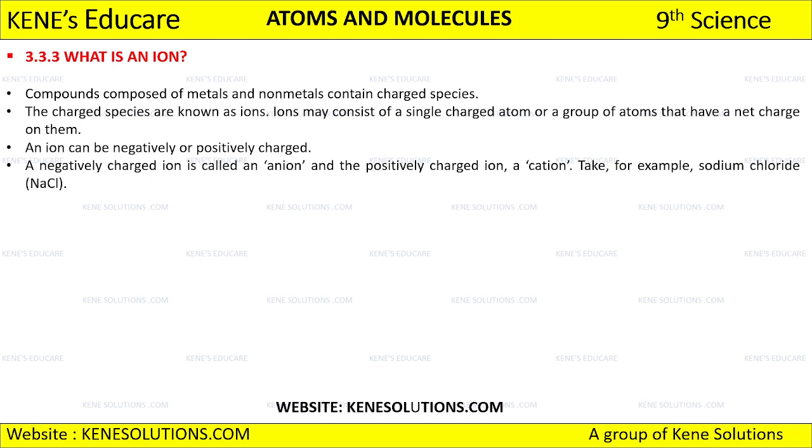After this, we discussed what an ion is, and we said that an ion can be negatively or positively charged, right? A negatively charged ion we call an anion, and a positively charged ion we call a cation.